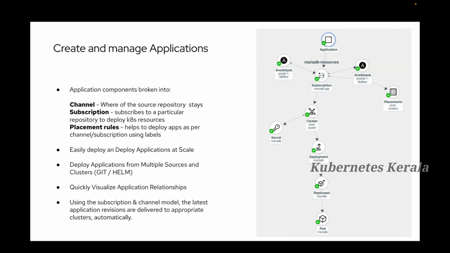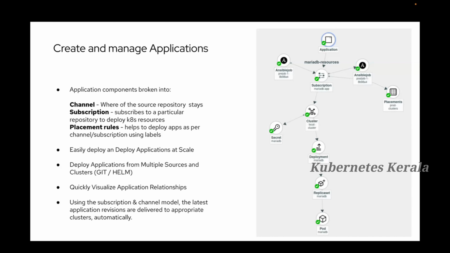And finally, the placement rules, which would help deploy the applications as per the rules that have been updated in the placement rules. So this tool uses something called labels. During the creation or during the sourcing of an independent cluster to the hub cluster, we enable something called labels and provide a name to the cluster, like name equal to dev cluster or name equal to Kubernetes end cluster.